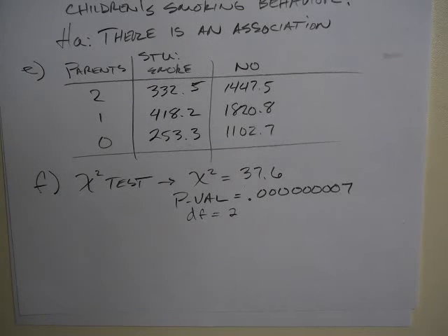Now, is there any alpha that anybody would reasonably set that would make this anything other than a reject the null? This p-value is approaching 0.